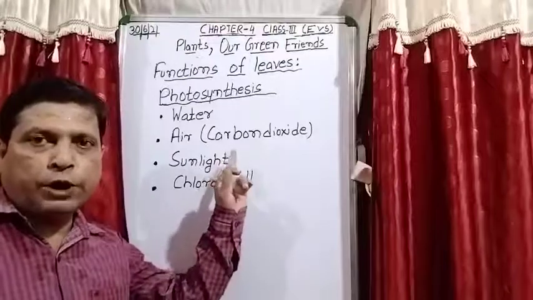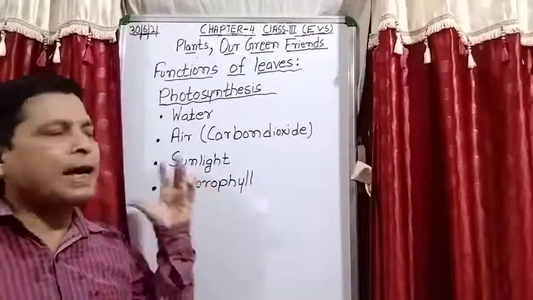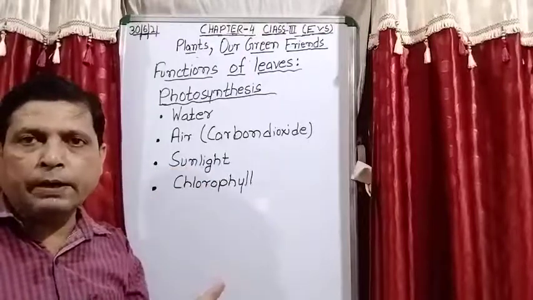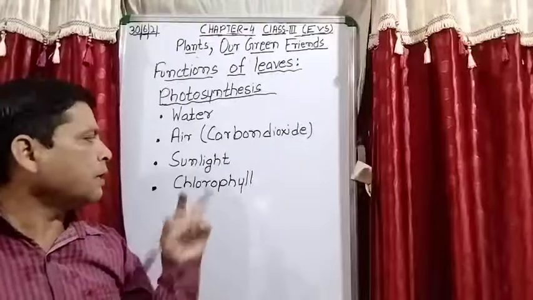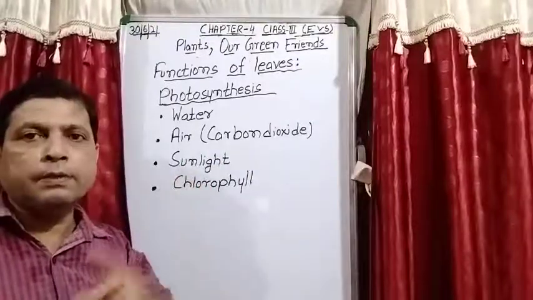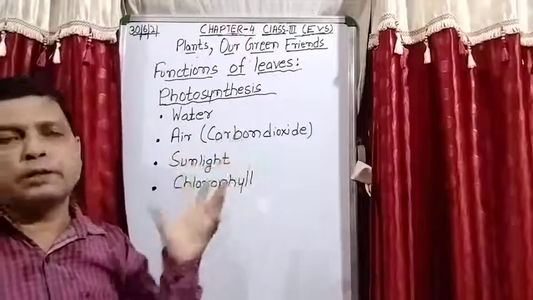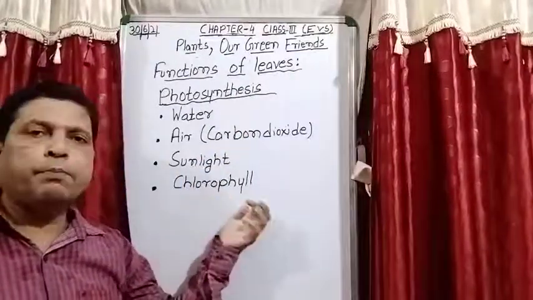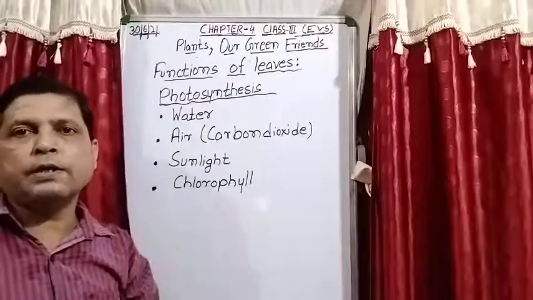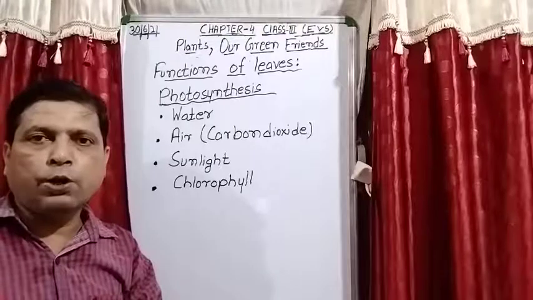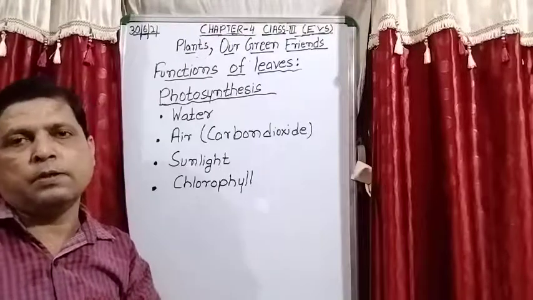When we are talking about air, air is a mixture of gases, but the gas which is required by the plant is carbon dioxide. Another is sunlight. Sunlight means the light of the sun. And the next very important thing is chlorophyll. So these are the things required for the process of photosynthesis.